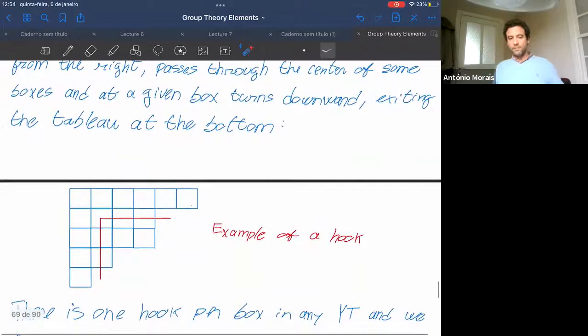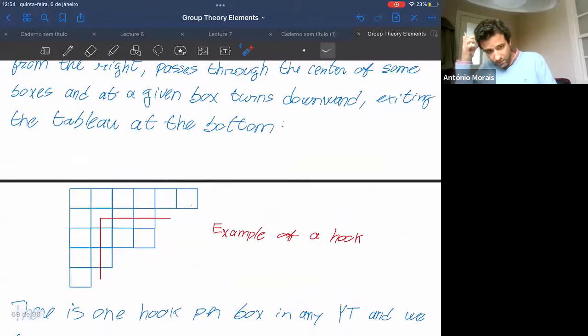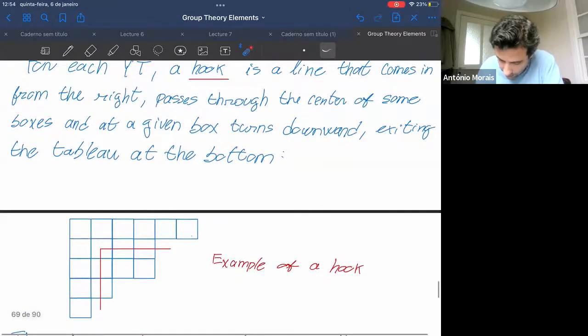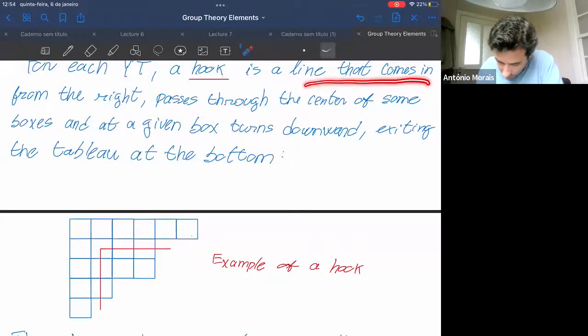This is a hook. The hook is basically where it turns, but for every single box, you can draw a hook. So this was drawn for this one. You can draw a hook here, you can draw a hook there. Recall that it's a line that comes in from the right.